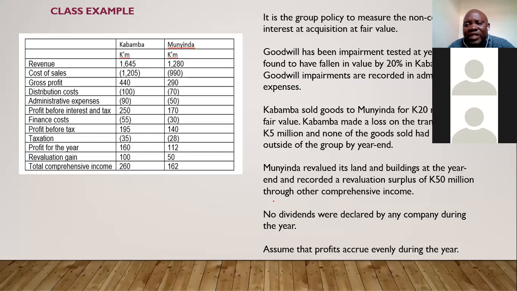Goodwill impairments are recorded in administrative expenses. So what it means here is that whatever goodwill you're going to get, compute your 20% and take that 20% as an expense under the administrative line, because that will be an impairment.